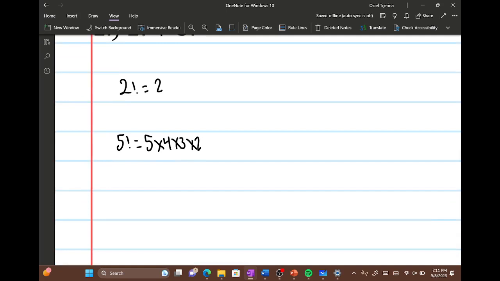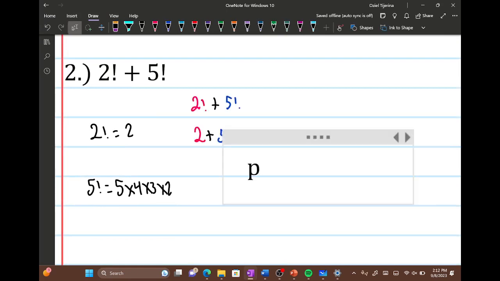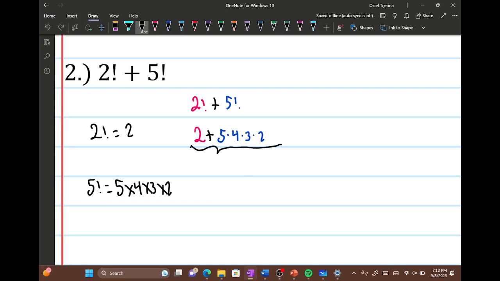And so then we're going to have the following. Okay guys, so this is what we would get. Now we're just going to simplify this. So this will be 2 plus, and then we have 20 times 6.